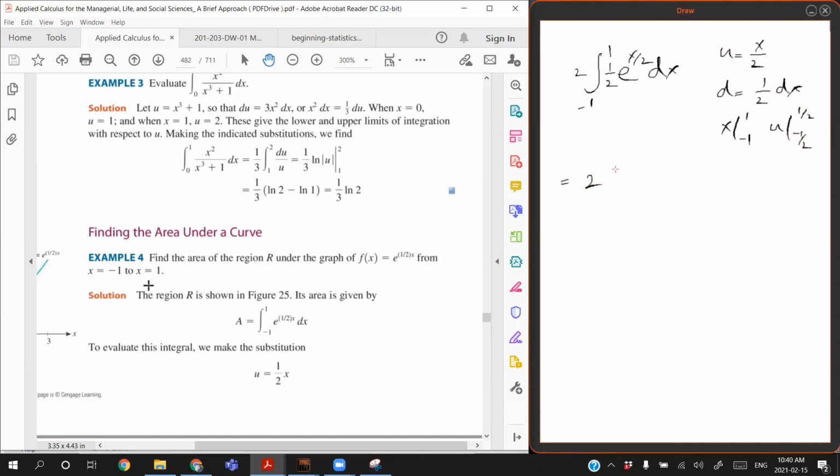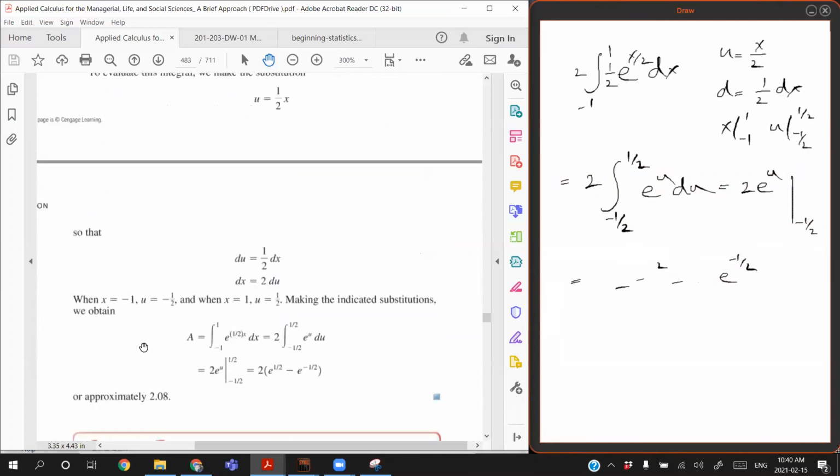So this is going to be 2 integral from -1 over 2 to 1 over 2 of e to the u du. So it's 2 e to the u from -1 over 2 to 1 over 2. So it's 2 e to the power of 1 over 2 minus 2 e to the power of -1 over 2.